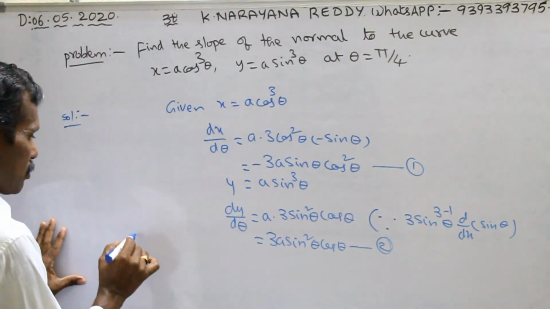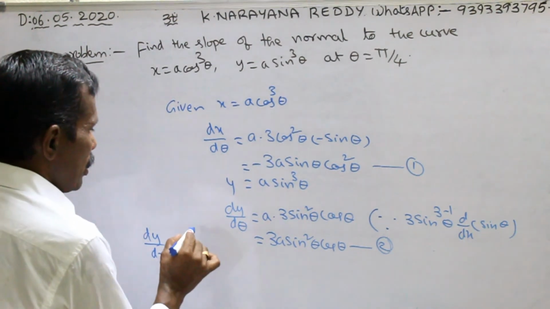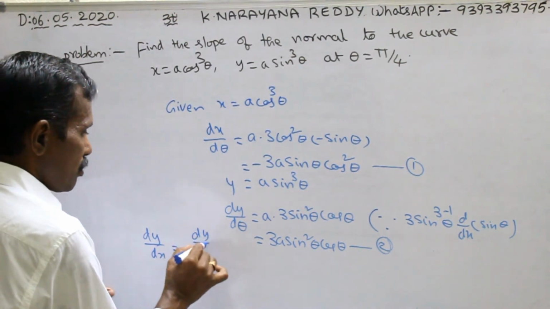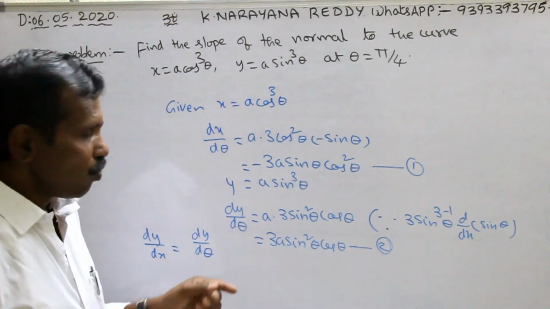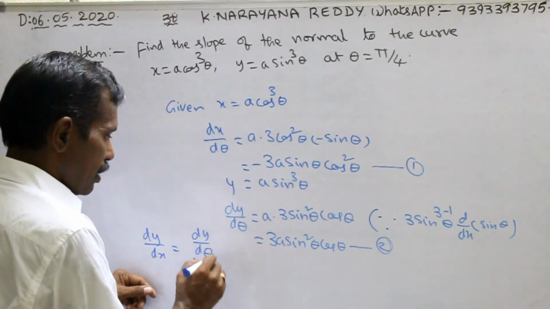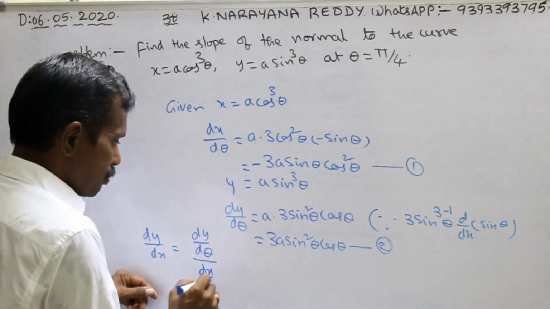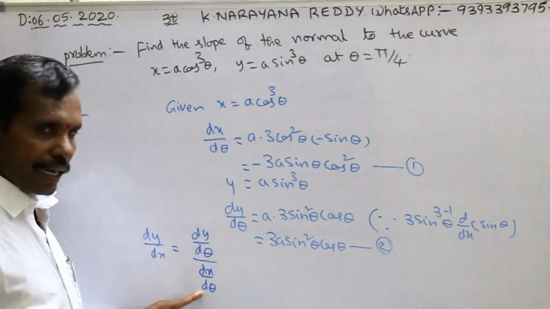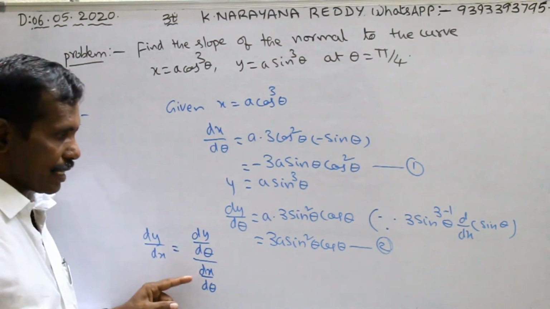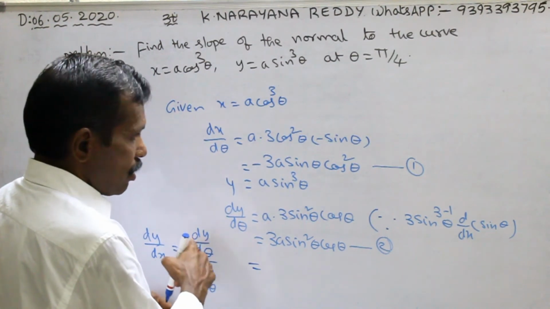dy by dx equals dy by d theta. Yes, we want dy by dx. So dy by d theta first divided by dx by d theta. Please observe here, d theta cancels, remains dy by dx. That equals, what is dy by d theta?